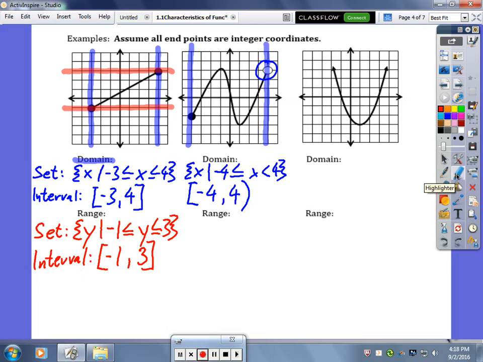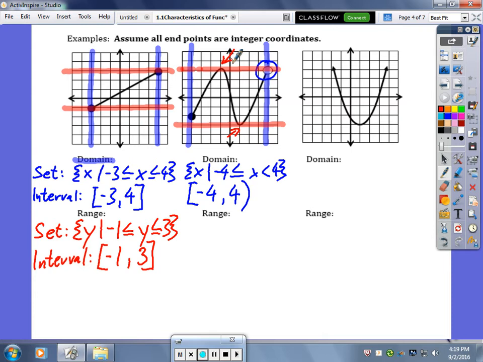Let's have a look at our range. Our closed circle is tempting, but that is actually not the lowest point of this curve. The lowest point is over here, where this point goes further down than the closed circle. And the highest point is up here, and also here, the point that actually matters to us is this point, which is higher than the open circle, because the number at the open circle is not part of the range anyway.